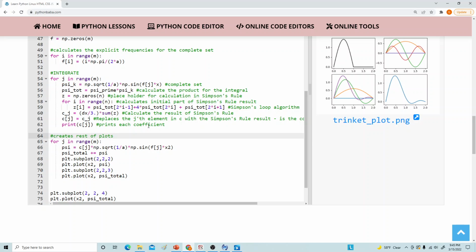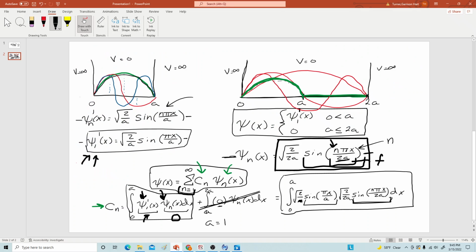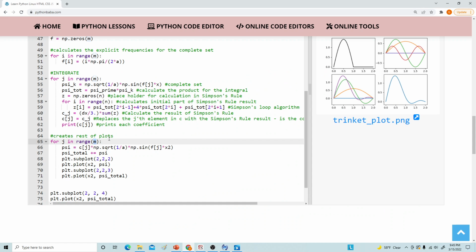Okay. So again, we're going to go over the range of m. This is the number of coefficients I wanted to calculate, and therefore that is also the same. If I wanted to calculate this number of coefficients, then that requires me to use that many of my complete set.